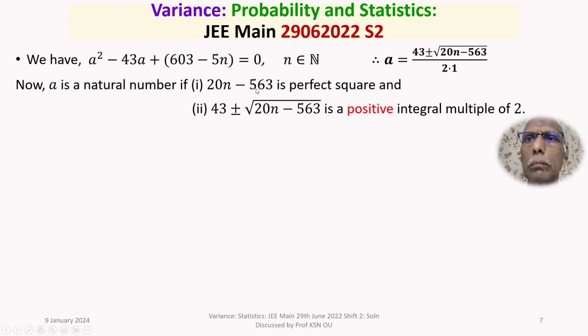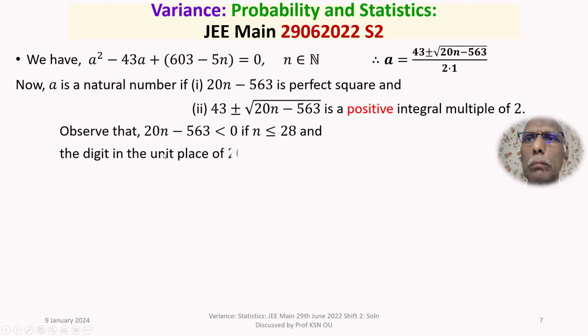Agreed. Let's now examine the first condition, that is 20n minus 563. Is it a perfect square? Observe that 20n minus 563 is negative if n is less than or equal to 28. You can verify this. And if n is greater than or equal to 29, then 20n minus 563 is positive, and the digit in the units place of 20n minus 563 is always 7 for n greater than or equal to 29.